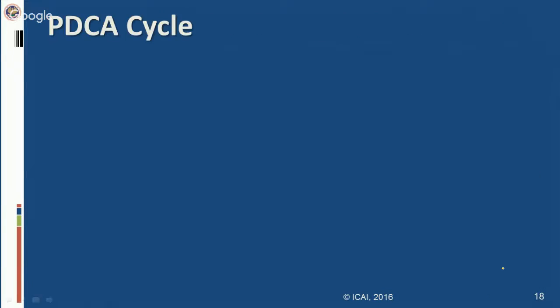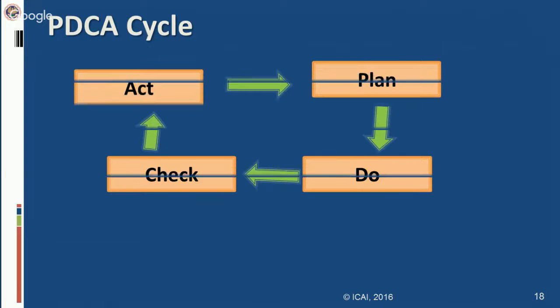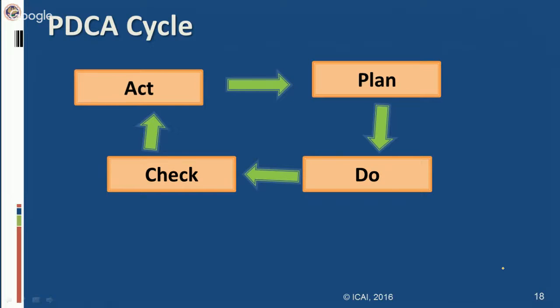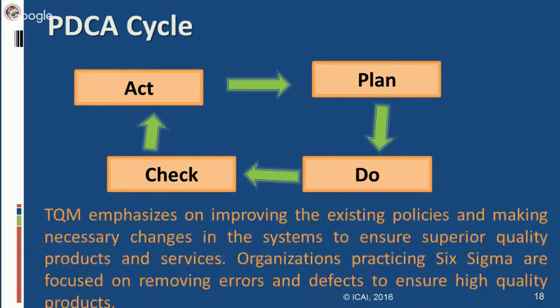TQM also has a cycle which is known as the PDCA cycle. The very first step would be P for plan. So in the planning phase, people define the problem to be addressed or the root cause of the problem. Then will come the do.